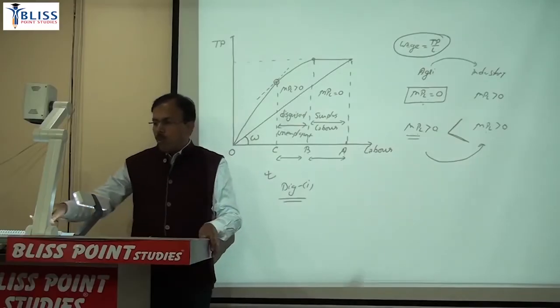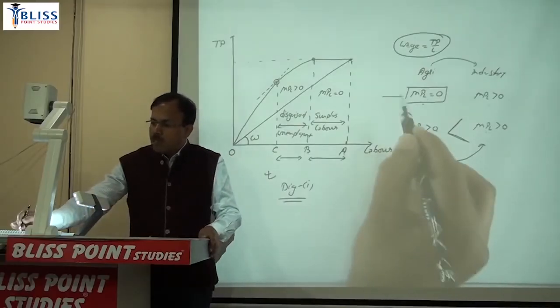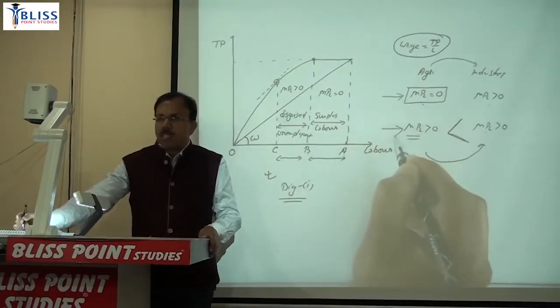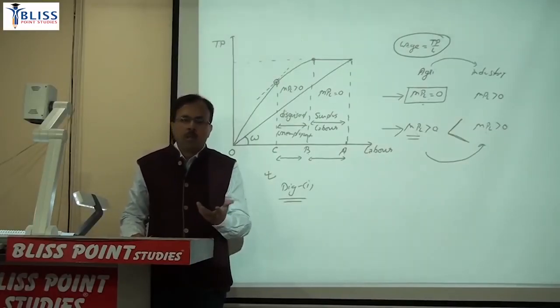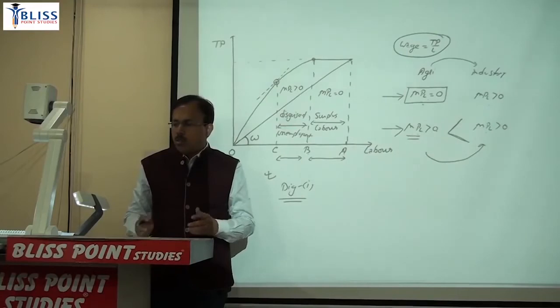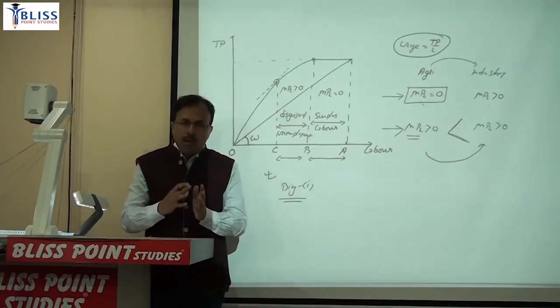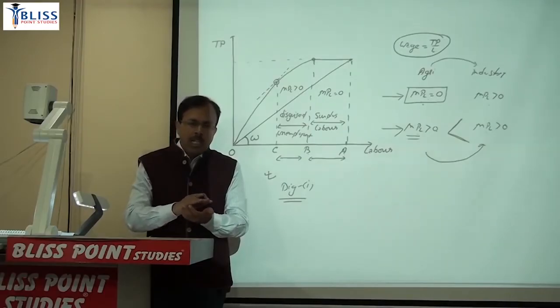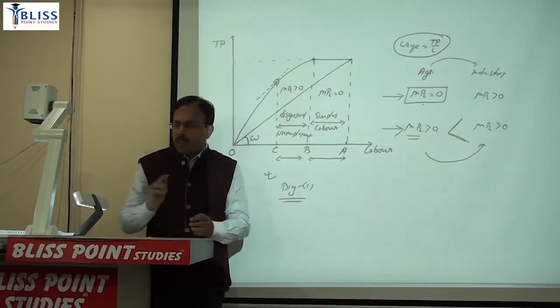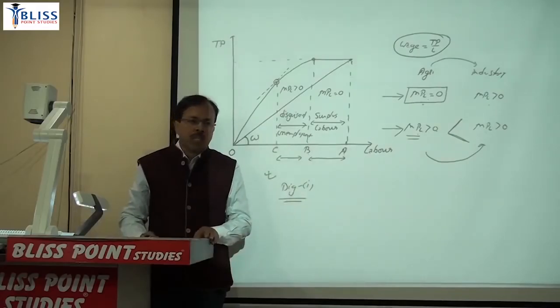So initially surplus labor will move, then disguised unemployed labor will move. Obviously not all labor will move because the economy also requires food. So as more and more labor moves away from agriculture, the average product in agriculture starts rising. That means wage in agriculture also starts rising.